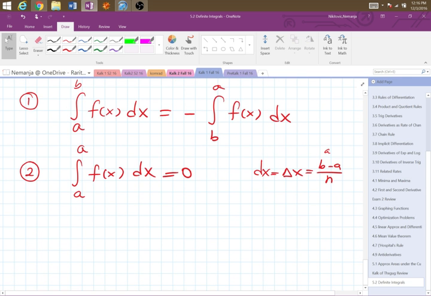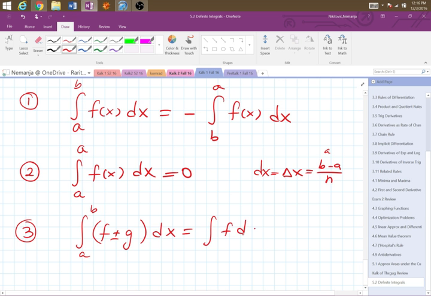All of the properties that you learned in your 4.9 still hold. If you are integrating addition or subtraction of two functions, they are still the sum or difference of them individually.